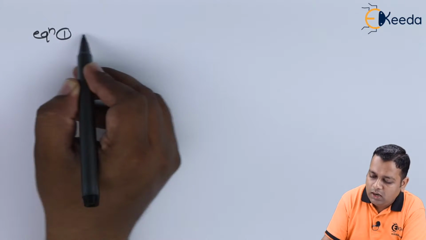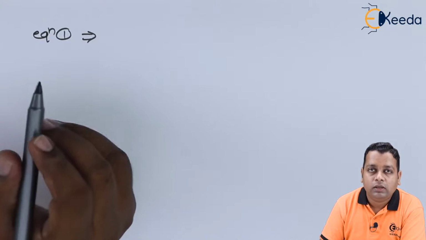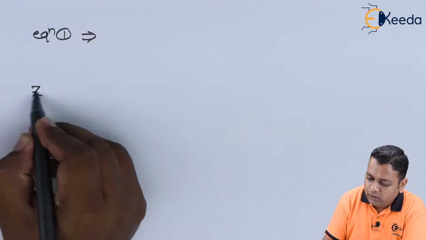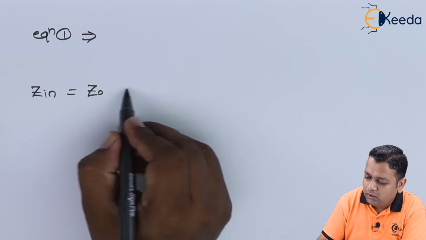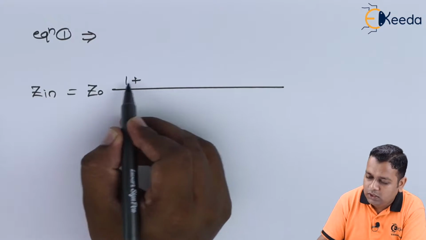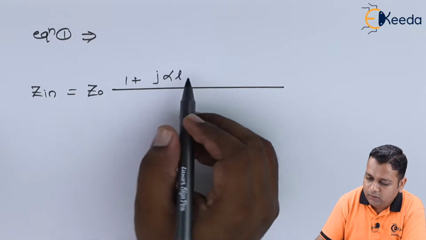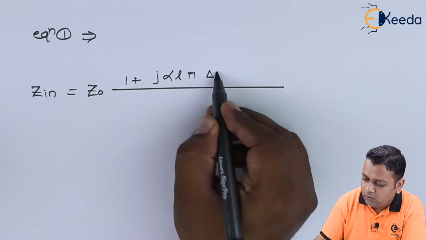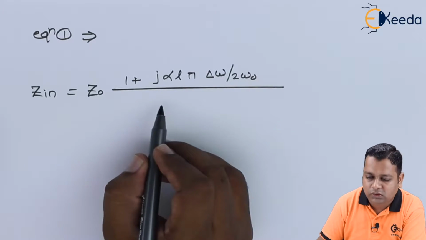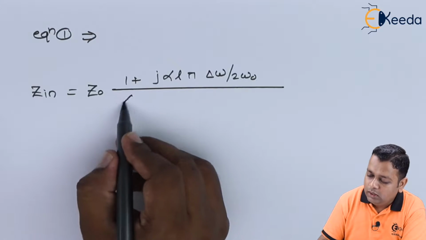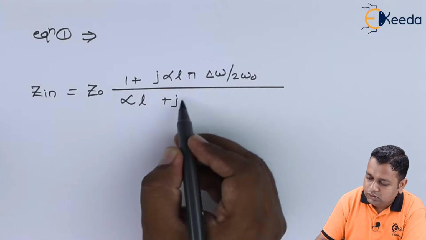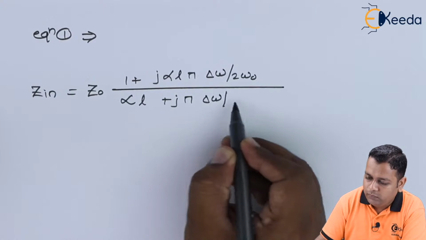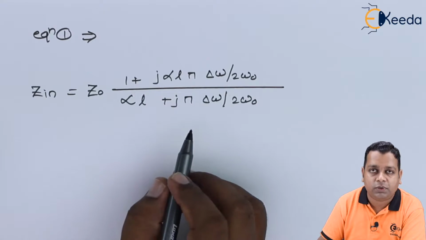So for a low loss transmission line, equation number 1 that we have approximated for the input impedance can be given as Z in equal to capital Z0, the characteristic impedance, multiplied by the ratio where the numerator is 1 plus j times alpha L into pi into delta omega divided by twice omega 0, whereas the denominator is the attenuation constant alpha into the length of the transmission line added to j times pi into delta omega divided by twice omega 0, the resonant frequency.